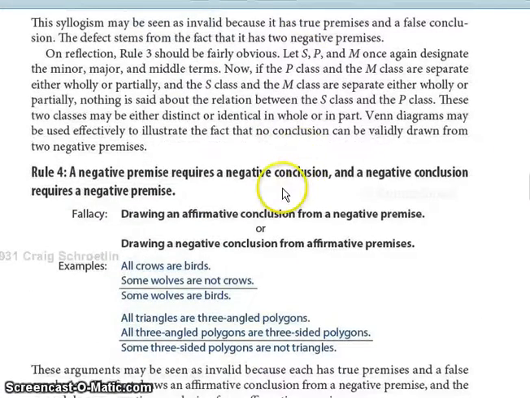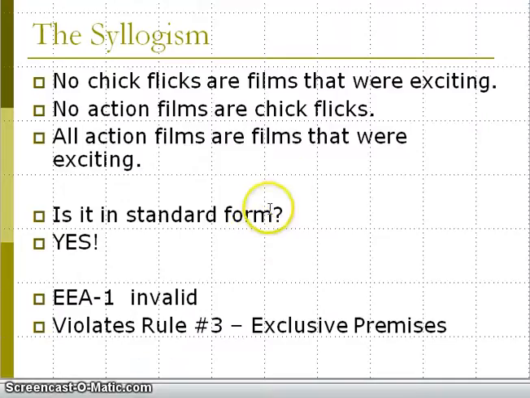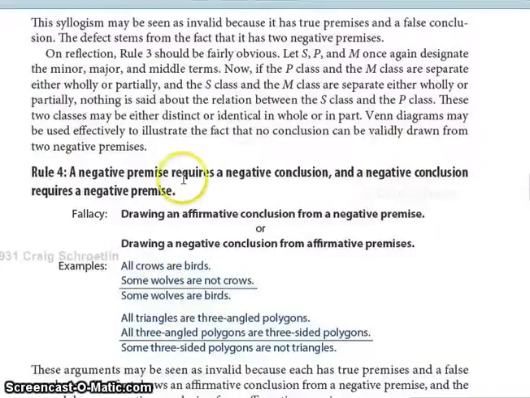A negative premise requires a negative conclusion, and a negative conclusion requires a negative premise. What we have is two negative premises and a positive conclusion. This rule deals with one negative and a positive, so we're going to move on.